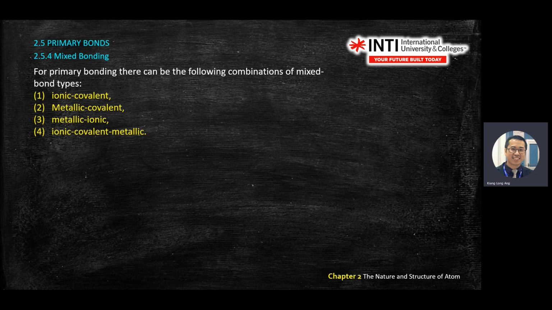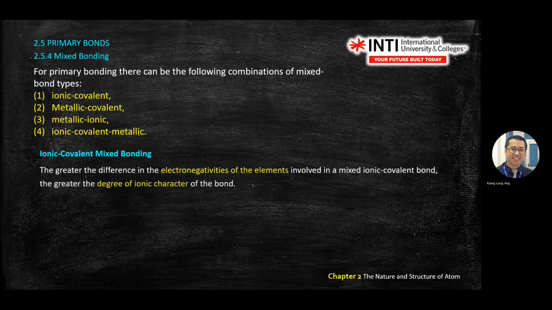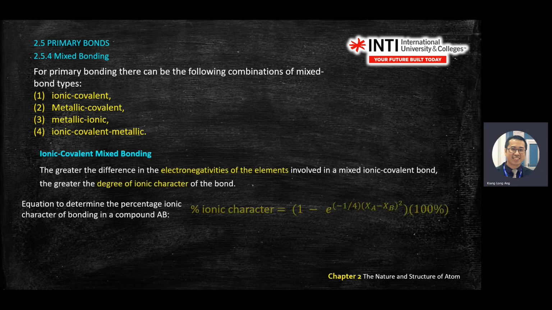So you have a few combinations, right? So we only focus on 4. Okay, the rest you read. So on this slide, what is important? Why is mixed bonding important? Because there's one calculation formula there. You know that when you study in engineering, we are very likely to ask you about formulas.